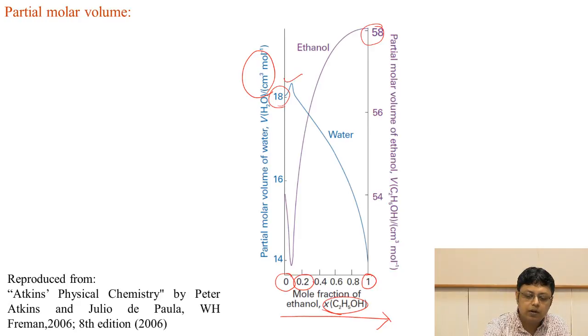So you start from 18 when it is pure water, and then it drops to 0 when it is pure ethanol. Ethanol similarly starts from nearly 0, and the 0 point is not shown here because there will be a sharp rise and then a dip, and then for pure ethanol it is 58.